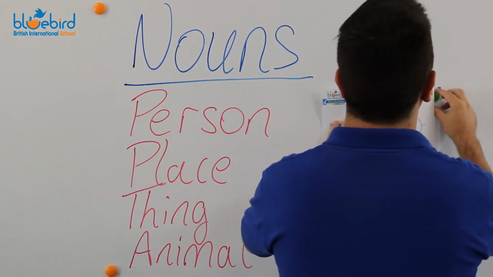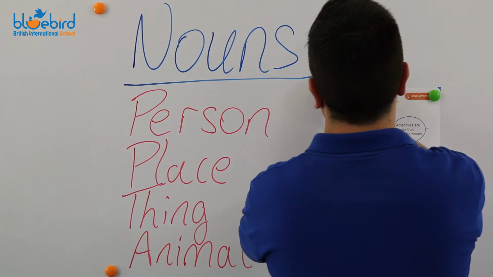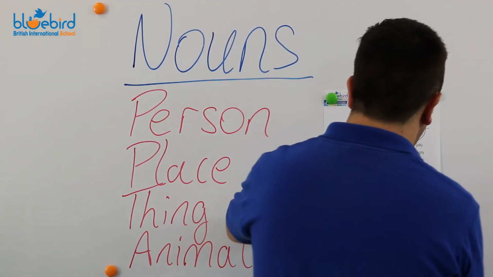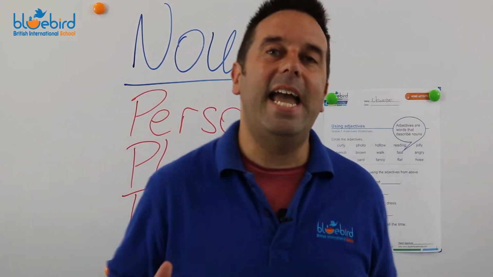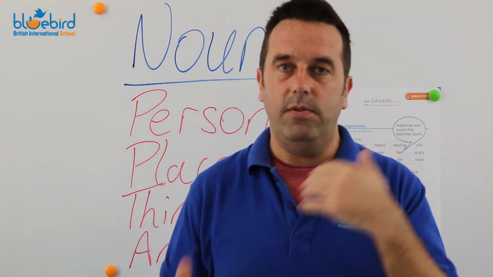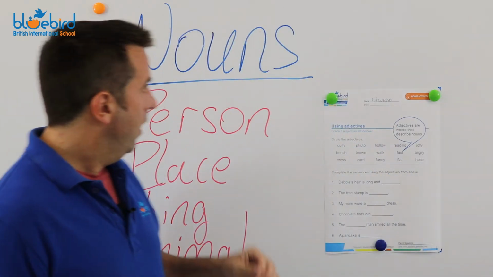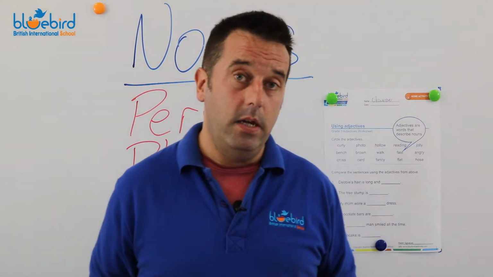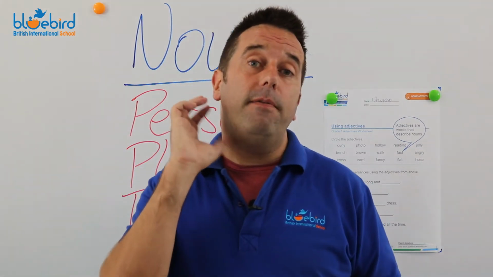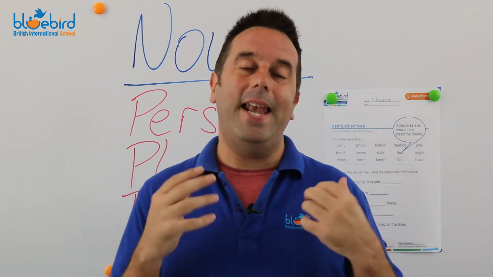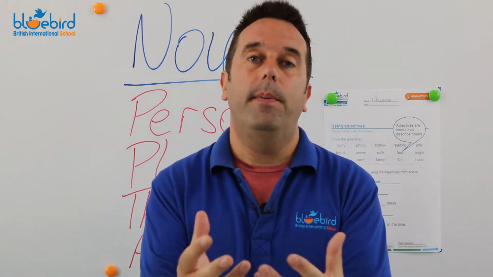So Monday and Tuesday is just identifying them. Wednesday, a little bit more complicated. But again, don't be afraid. This is our first week in doing adjectives. Remember, describing nouns. That's why we did nouns first. We did the nouns, person, place, thing, animal.